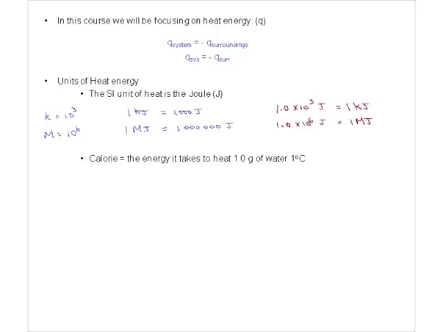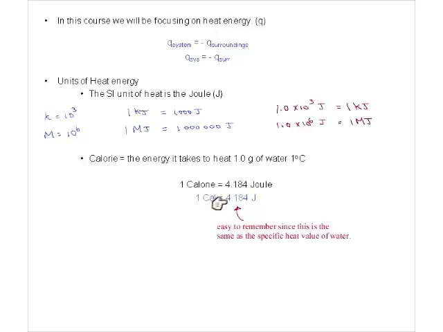The amount of heat it would take to do that is considered to be 1 calorie, which equals 4.184 joules, or 1 calorie equals 4.184 joules. And this is going to be easy for us to remember because this is the heat capacity. More on that in a few minutes. This will be the heat capacity of water. All right, so that's how they derived that value. So 2 different ways of measuring energy. We're going to keep it to the joule because, of course, we're metric.